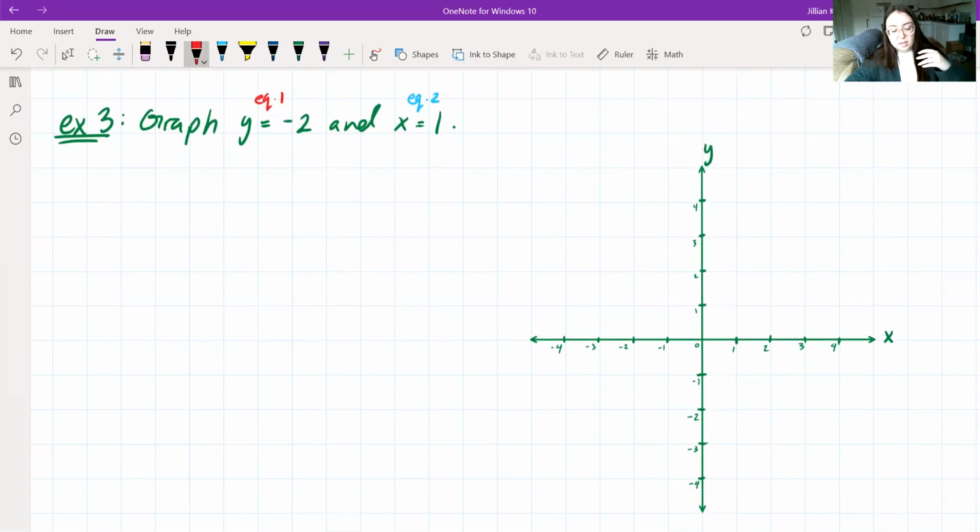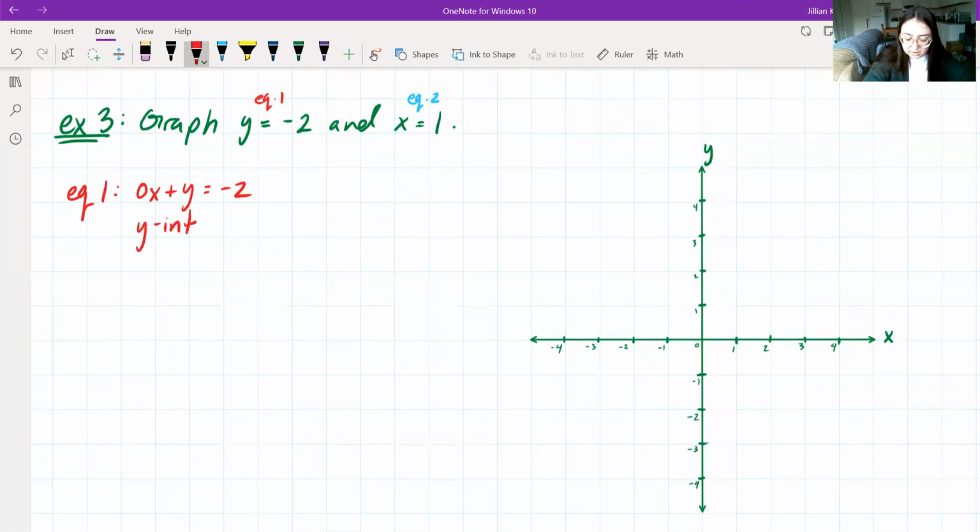So starting with equation 1, we can rewrite this as 0x plus y is equal to -2. But since we have 0 times x, we know that the only value here that matters is our y is equal to -2.